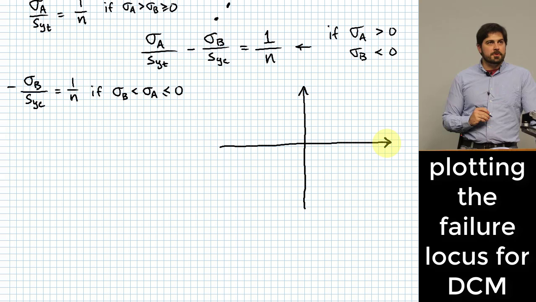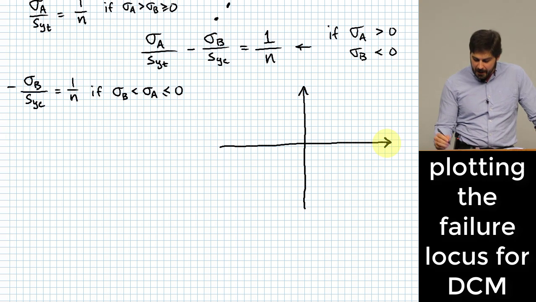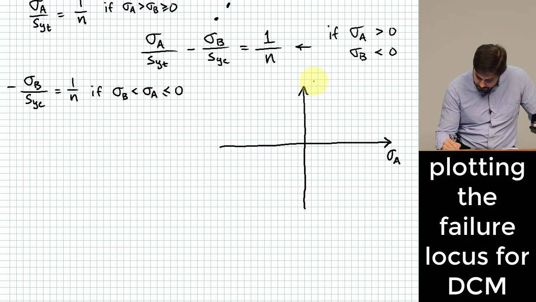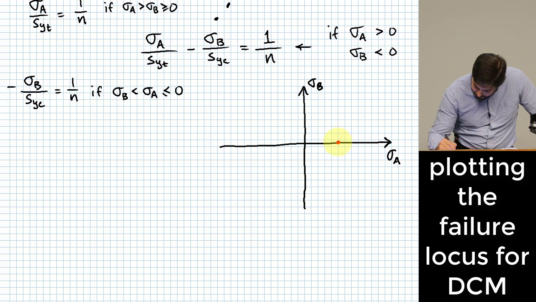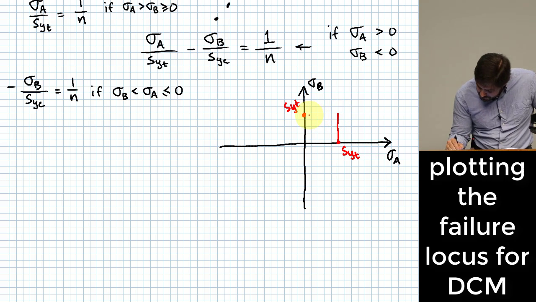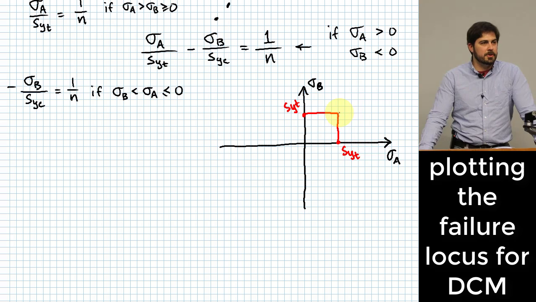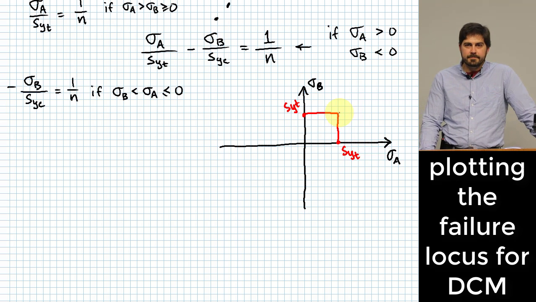Where would my thresholds be? In the positive direction, I would have S sub yt and S sub yt. And if your stress level got up to either of those, whichever one was greater would be the one that would control failure. Right?